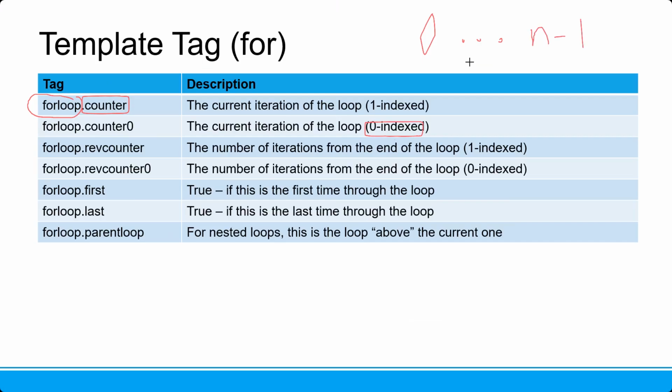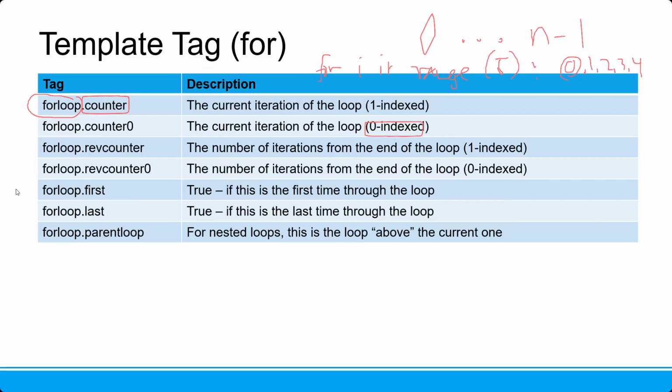So for example, if it is for i in range 5, then it means it will be 0, 1, 2, 3, 4. So it always starts with index 0 in Python.